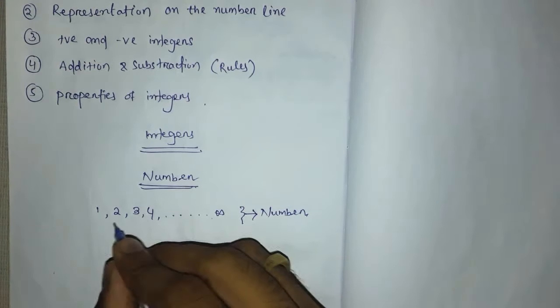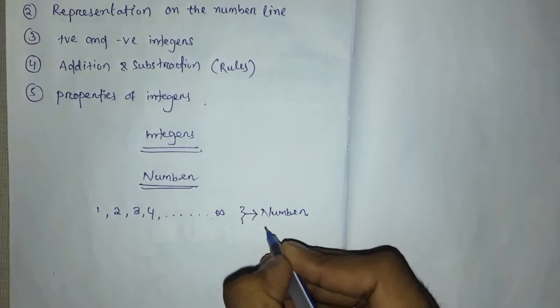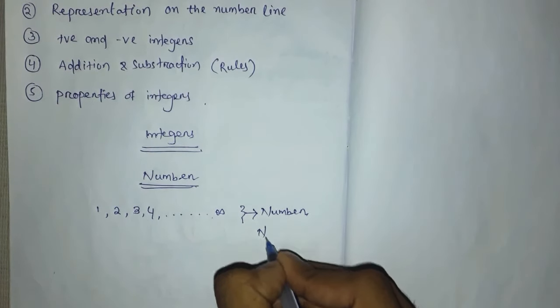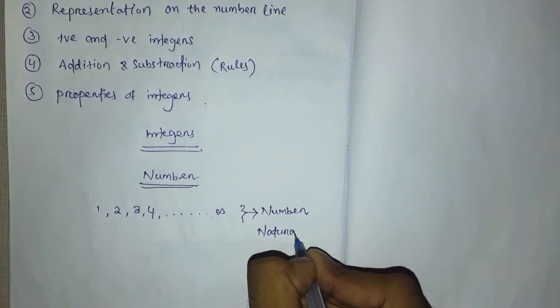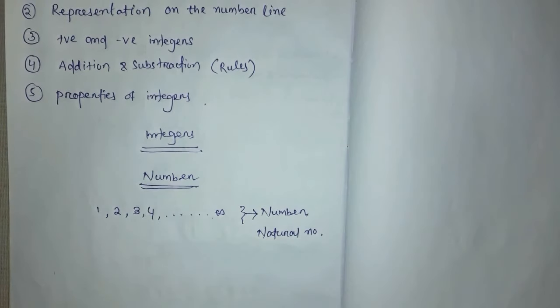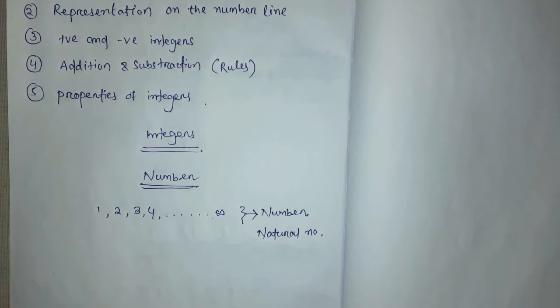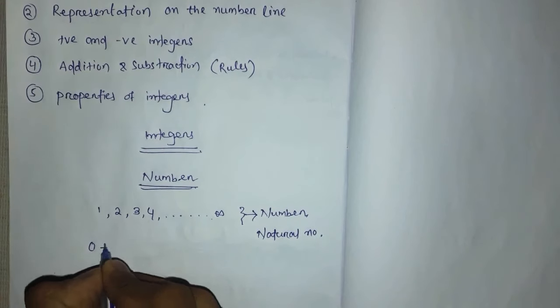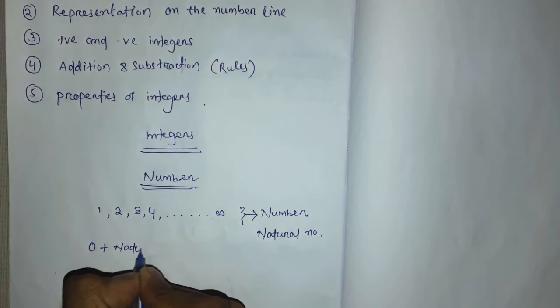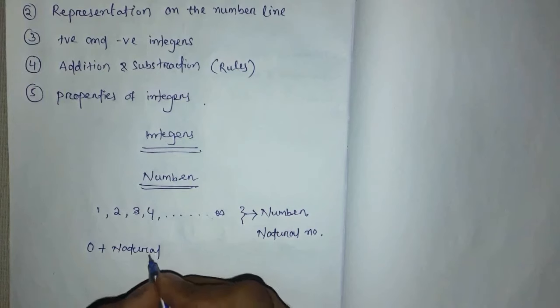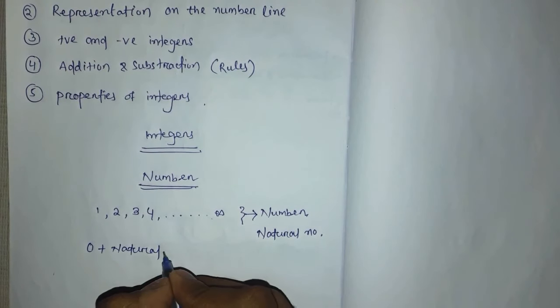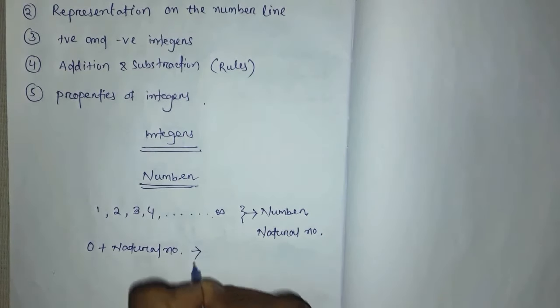And these numbers are otherwise called natural numbers also. What type of number is it? These are called the natural numbers. And if I add 0 to these natural numbers, I will get what?